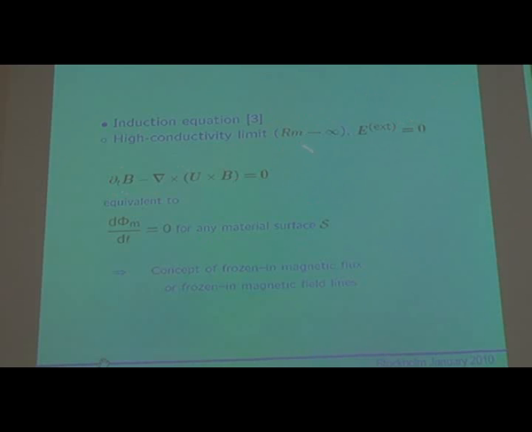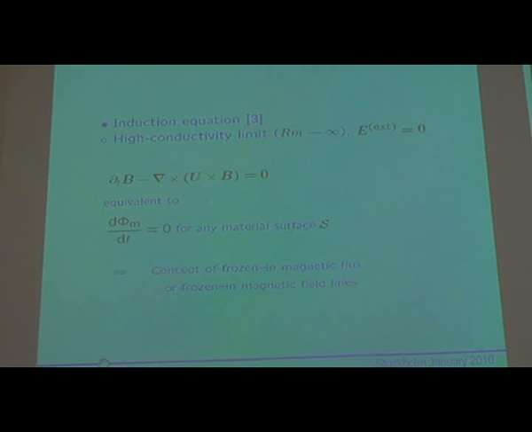Then the induction equation turns into this simple equation, and this is equivalent to dΦm/dt equal to 0 for any material surface. You can also take this statement and derive the induction equation for Rm tending to infinity from this.